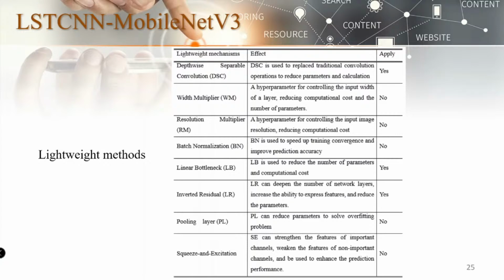Average pooling can reduce the first type of error and more retain the background information of image. And the maximum pooling can reduce the second type of error and more retain the textual information. However, this method will destroy spatial temporal features. Therefore, we didn't adopt these lightweight mechanisms.